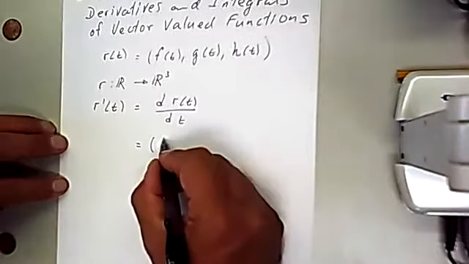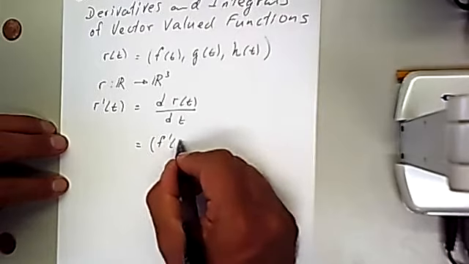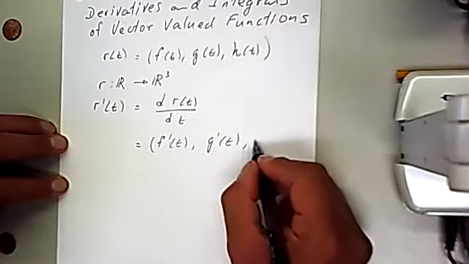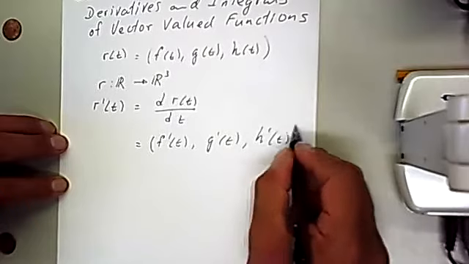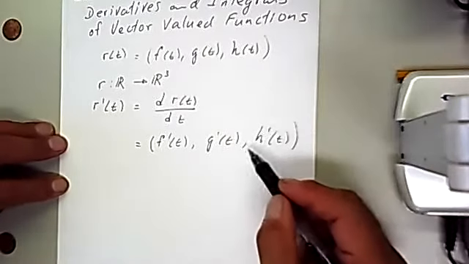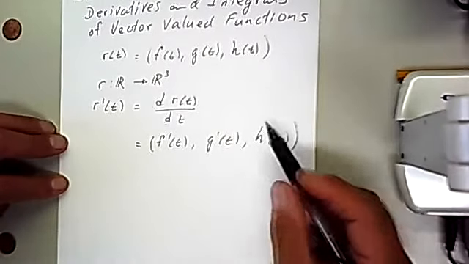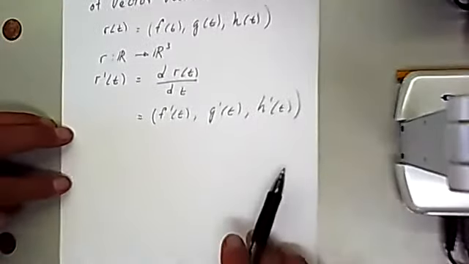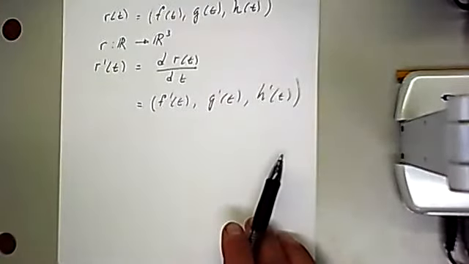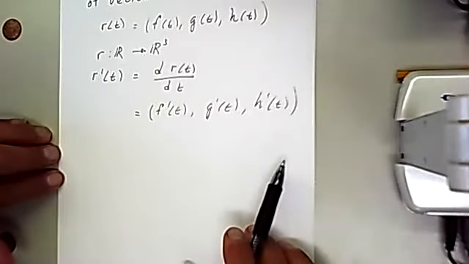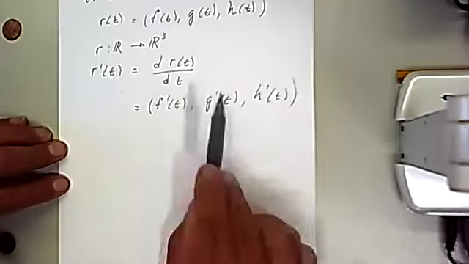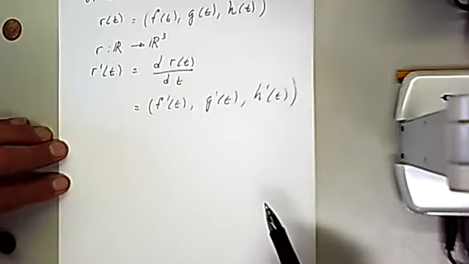So we have f prime of t, comma, g prime of t, and h prime of t. So operationally, it is not that bad to figure this out. It's just the derivatives component-wise. Same thing with the integral. We're going to go back and talk about the meaning of those, but first I wanted to show you operationally how this is done.